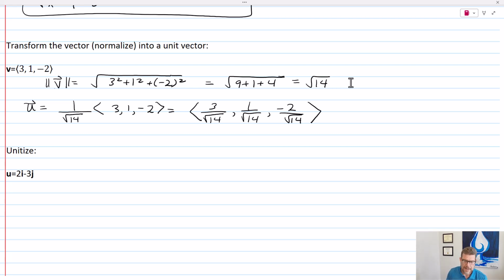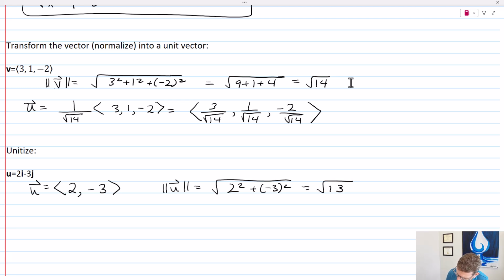Let's do it one more time. Now let's unitize 2i minus 3j. Let's think about this vector in 2-space. So that vector now is 2, negative 3 for u. And what we'll do is find the magnitude of u. And that's going to equal the square root of 2 squared plus negative 3 squared, and that's equal to the square root of 13.